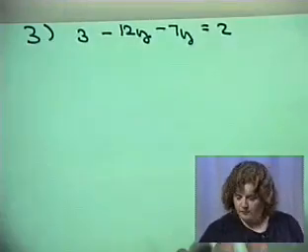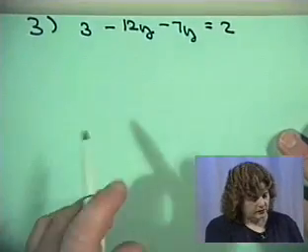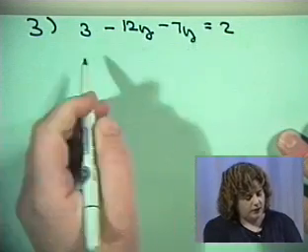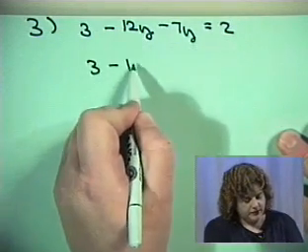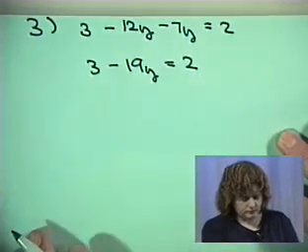We can do some work here on the left-hand side to clean it up. If we put together the 12y and the 7y, we'll have 3 minus 19y, and that's still equal to 2.